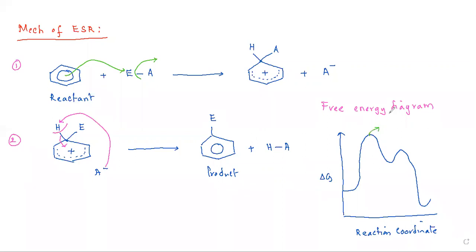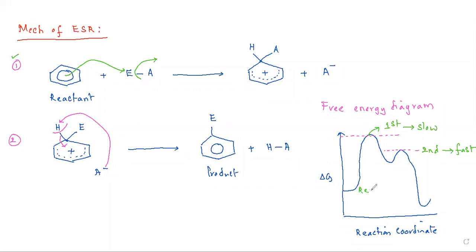This refers to the first step, which is in fact slow, because the height of the energy barrier is more. We have already seen such a thing even earlier also. First step is slow because it has a greater height of the energy barrier. This is your first step. Then coming to the second step. Second step is little faster because the height of the energy barrier is less.